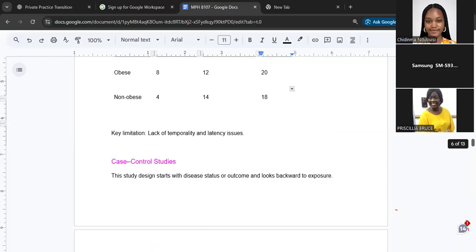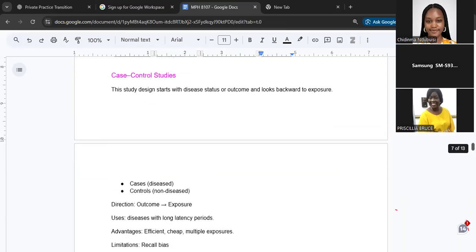Okay, let's move ahead. So the next thing here is the case control study. We just finished talking about a cross-sectional analytical study. When you hear cases, when you hear outcome, when you hear diseased, it is the same thing. So in case control studies, what is happening here?